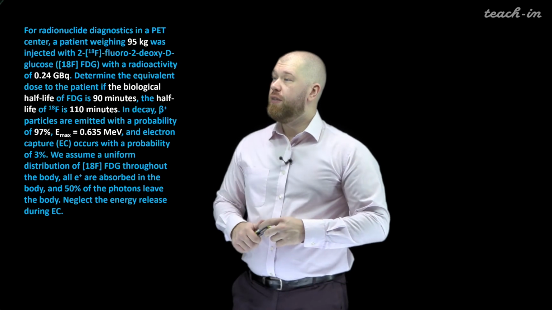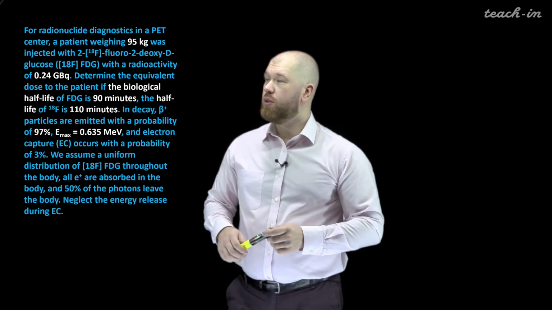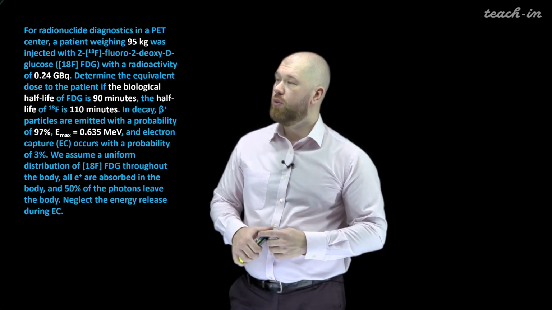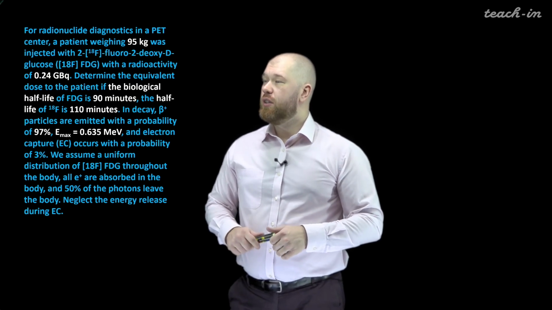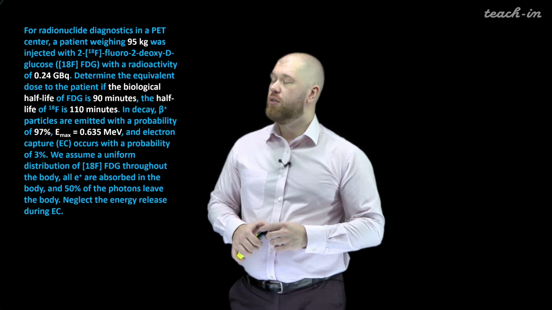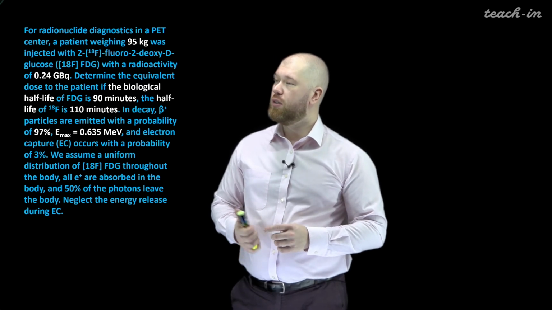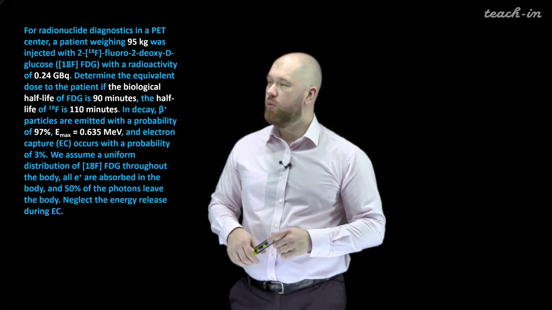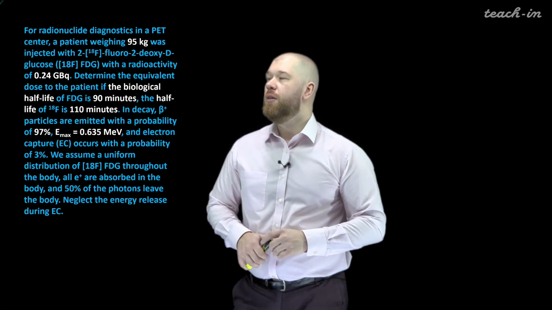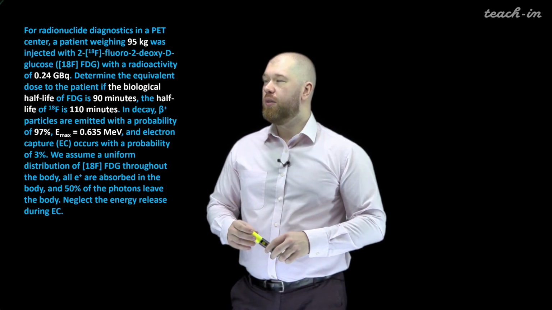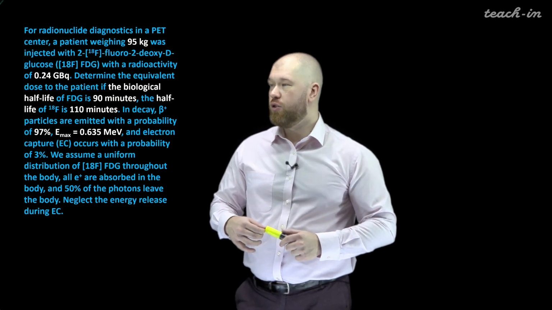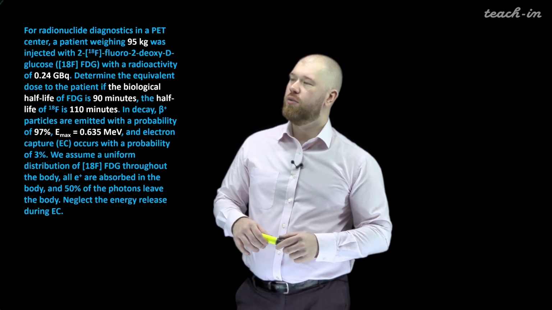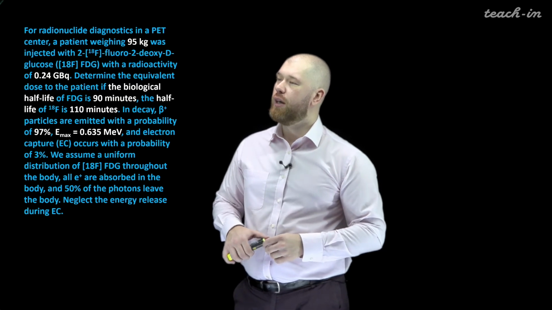So we have PET diagnostics, and we use fluorodeoxyglucose, and the radioactivity of this sample of this drug is equal to 0.24 gigabecquerel, and we should determine the equivalent dose to the patient if the biological half-life of this compound is equal to 19 minutes.